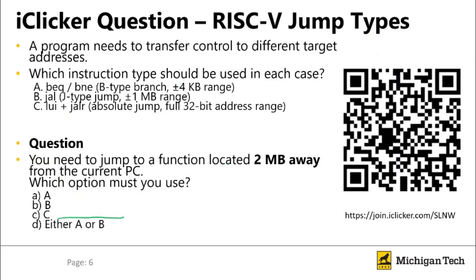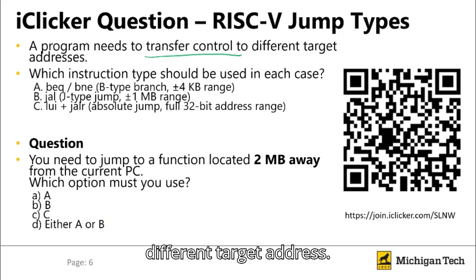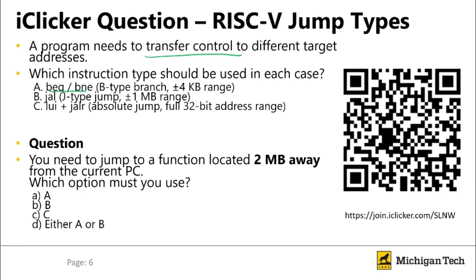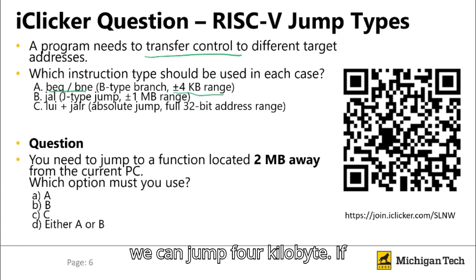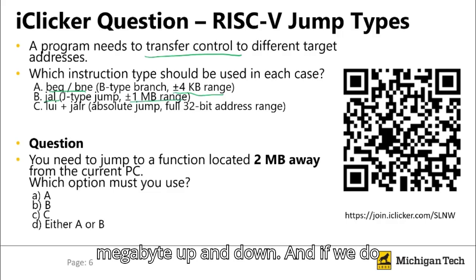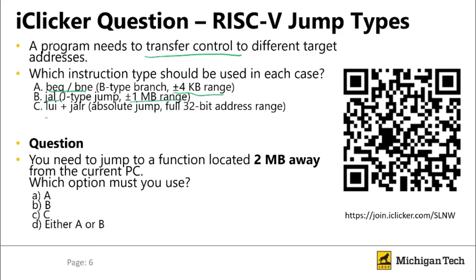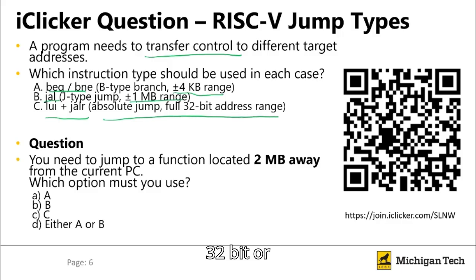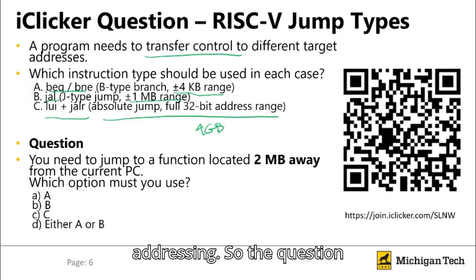So imagine we have a program that needs to transfer control to different target addresses. We know that if we use branch equal, we can jump 4 kilobyte. If it is jump and link, we can do 1 megabyte up and down. And if we do load upper immediate and jump and link return, we can go to 32 bit or 4 gigabyte addressing.